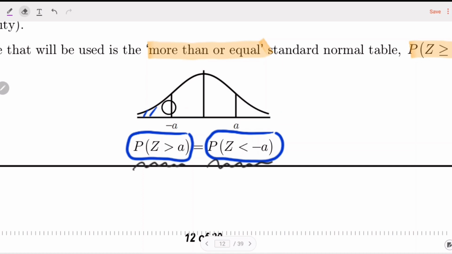We already know that probability for z greater than a, which is this part, is actually equal to probability for z less than negative a, which is this part. So we can look here that the area for the shaded region is equally the same.